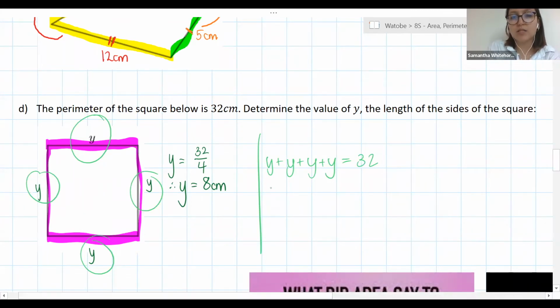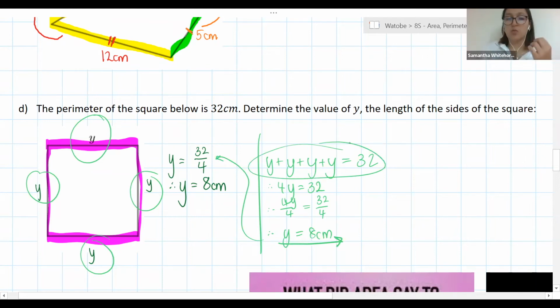Now, all of these y's are like terms, so what I have here is 4y is equal to 32. To solve for y, I would have to divide both sides by 4. And so 32 divided by 4 is 8, which is exactly what I did in the step over here. So you don't have to set up an expression like that, you can if you want to. But what is really important, as Sasha said, is that a square has 4 equal sides, and because of that, we can divide 32 by 4.